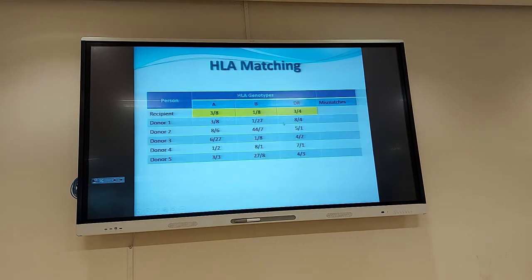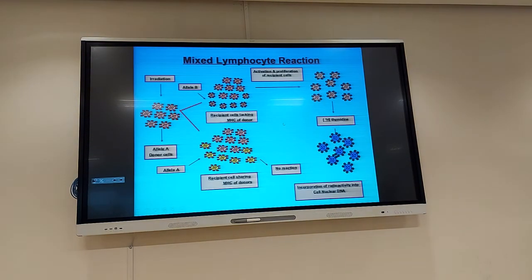So this is another type of mixed lymphocyte reaction where you again irradiate your target cells from the recipient, and you add your donor cells to that.